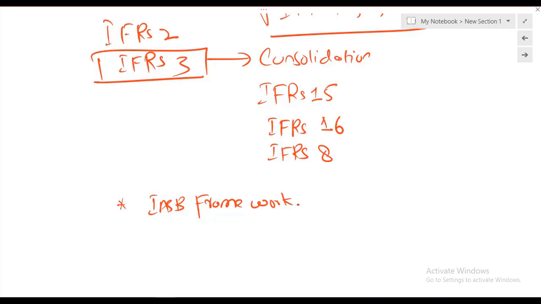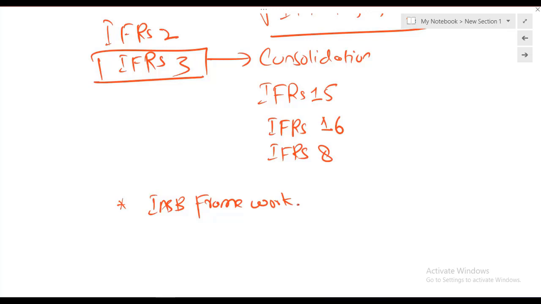And you will be surprised to know that the asset recognition criteria, for example, which is in IAS 16, differs from the asset recognition criteria which is in the revised IASB conceptual framework, because the asset recognition criteria which is in IAS 16 is according to the previous conceptual framework.